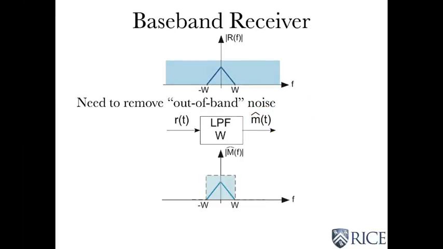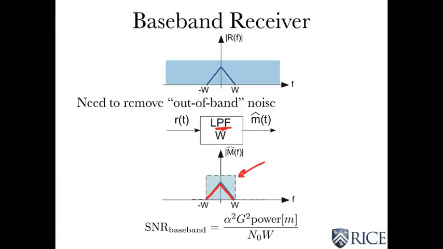So now the message in the frequency domain looks like this bandpass signal. You have the message part, the transmitted message comes through without being altered by the low-pass filter, but the noise is certainly cut down.